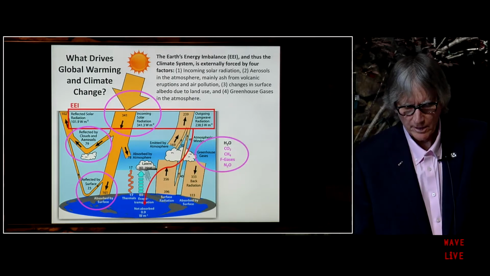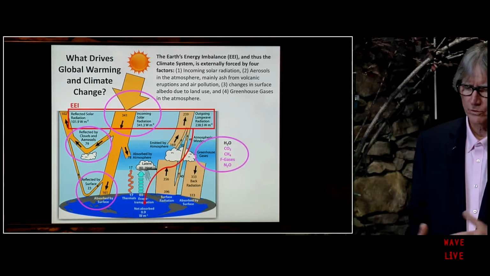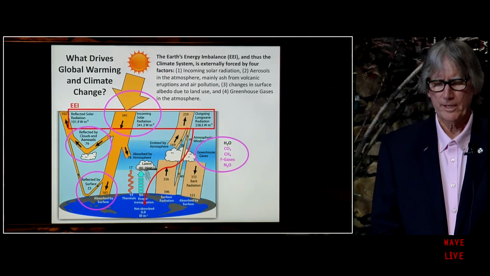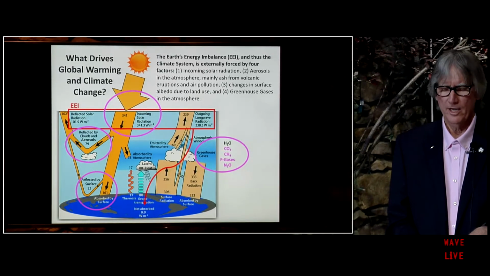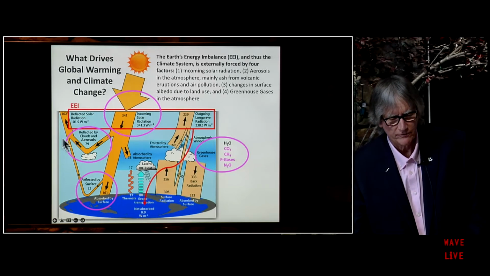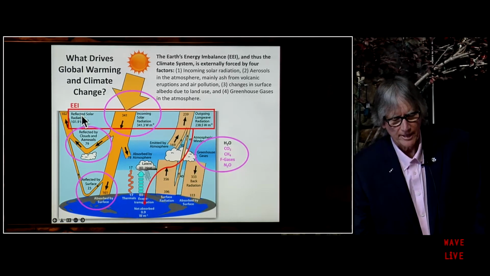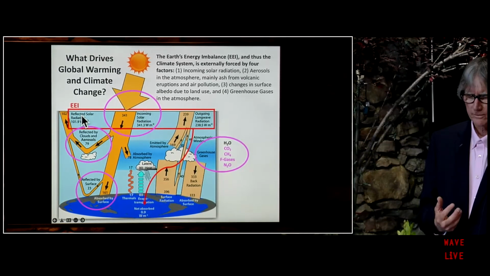And then finally, there is the absorption of the outgoing radiation by greenhouse gases in the atmosphere. These are the four external forcing factors that affect, in fact control, EEI and thus drive climate change.